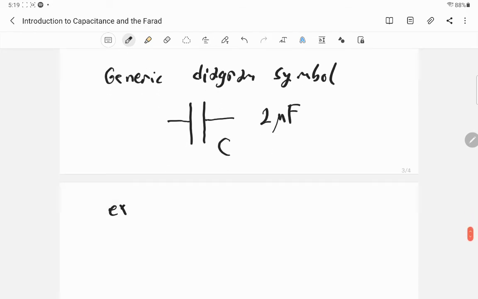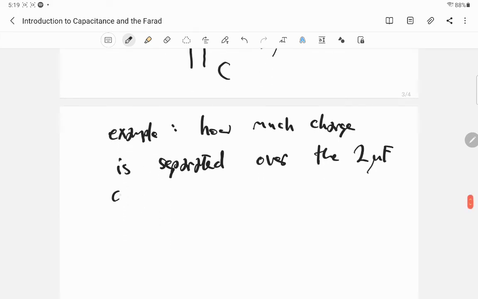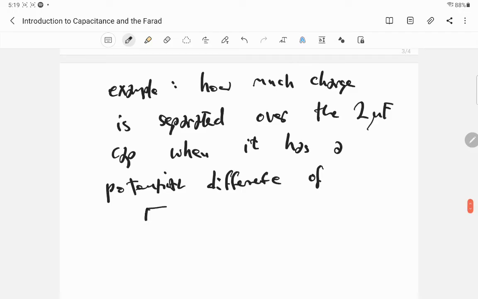So as an example, how much charge is separated over the 2 microfarad capacitor when it has a potential difference of, say, 5 volts, right?